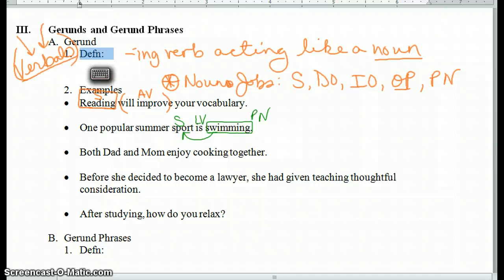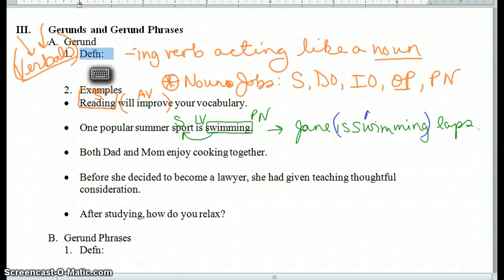The sport can't swim. So compare that to something like Jane is swimming laps. Now is swimming is your action verb. So be sure that you're using your comprehension to think about what is happening in the sentence.